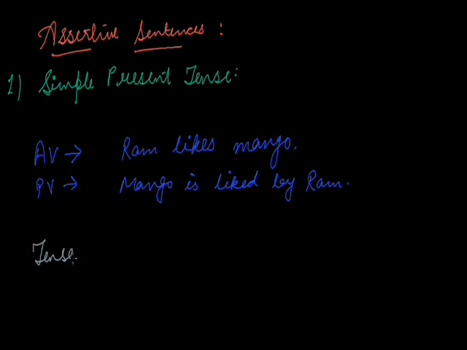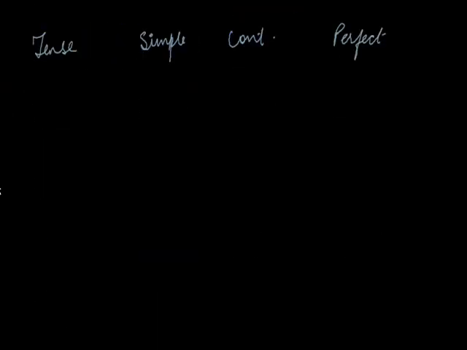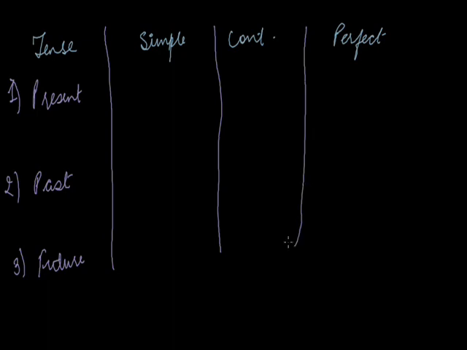So here is your tense. Next is your simple. Here you have continuous form and now perfect tense. Now the 3 tenses: present tense. Next is your past tense. And then third is your future tense. So, in simple present tense, your passive voice is made using the helping verbs is, am and are along with V3.